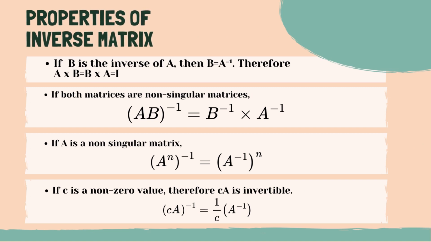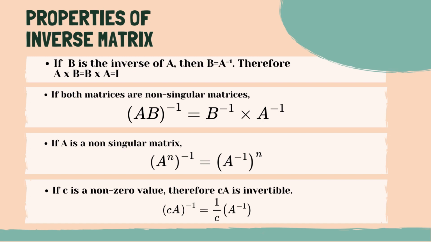Now we have the properties of inverse matrix. If B is the inverse of A, then B equals inverse A. Therefore, A times B equals B times A equals identity matrix. If both matrices are non-singular matrices, therefore inverse of AB equals inverse B times inverse A. If A is a non-singular matrix, inverse A to the power of n equals inverse A to the power of n.